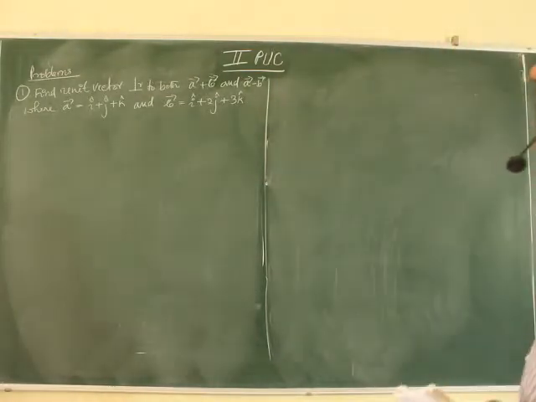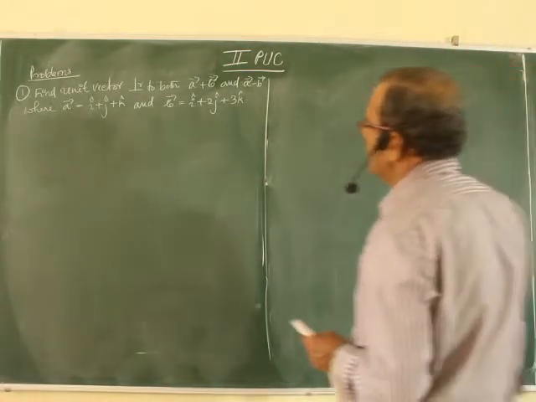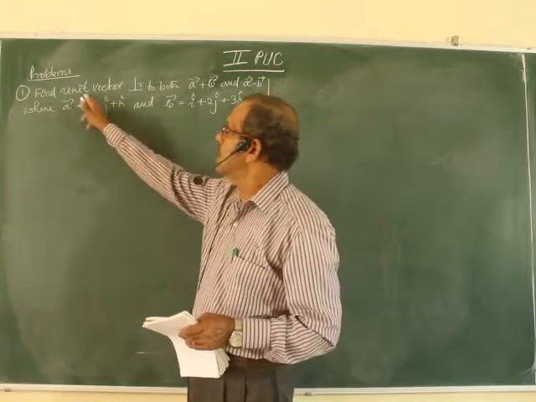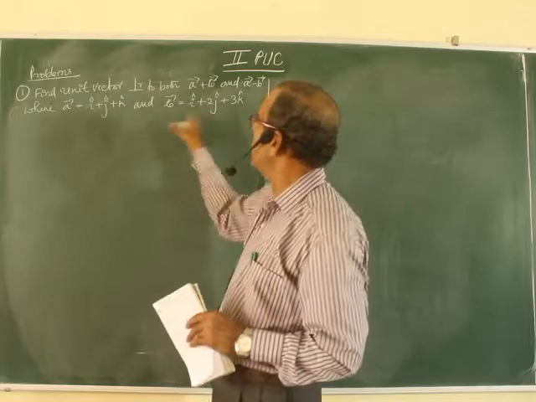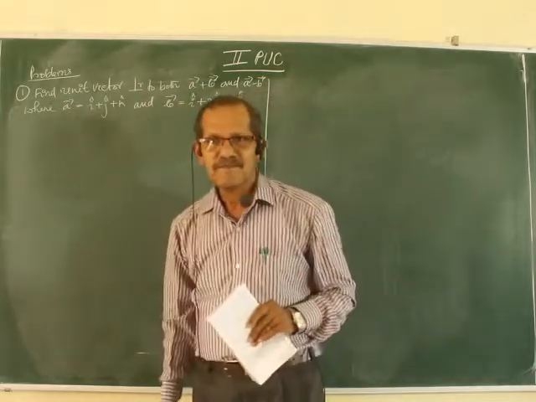Find the unit vector. Careful. Unit vector, length 1, perpendicular to both A plus B and A minus B.